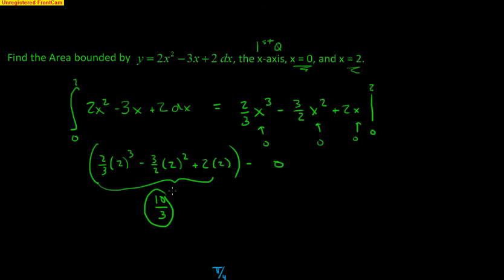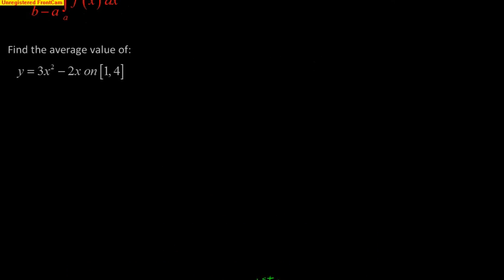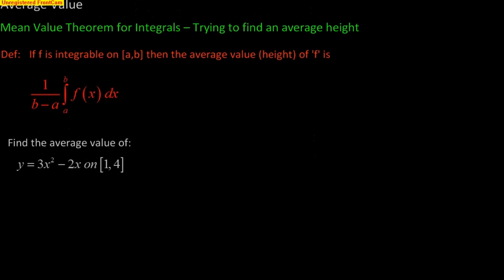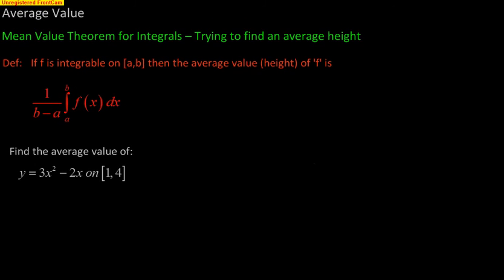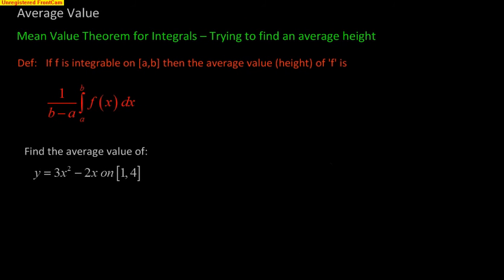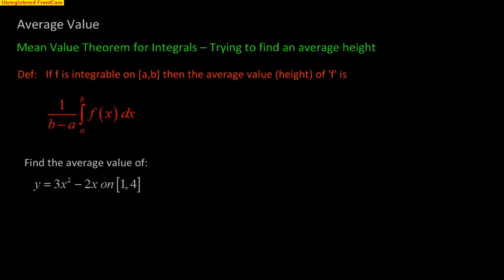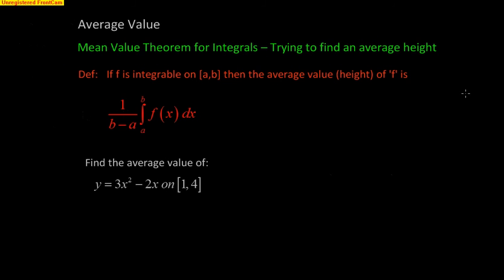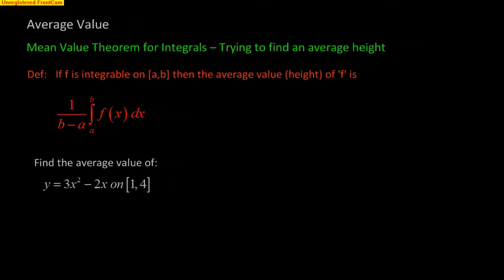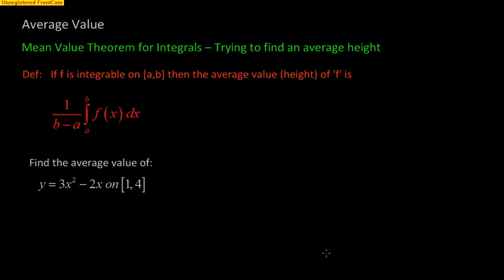Now the last thing in this section, as that ends the fundamental theorem of calculus part 1 pretty much, is the average value of a function. The average value is pretty much like the mean value theorem for integrals. You're trying to find an average height. So the definition is, if f is integrable on the closed interval from a to b, then the average value or the height of f is the following.